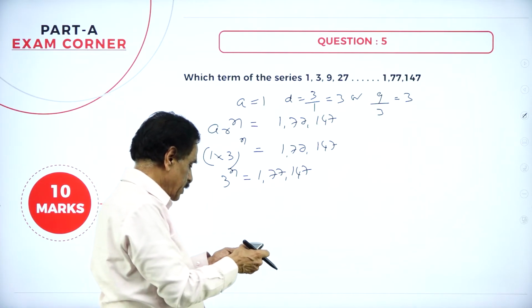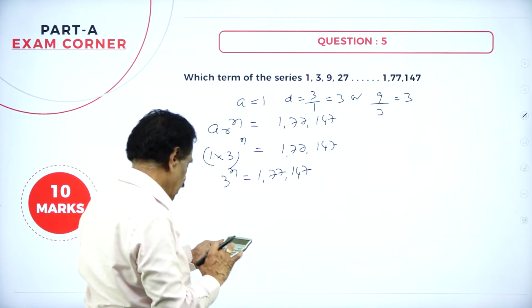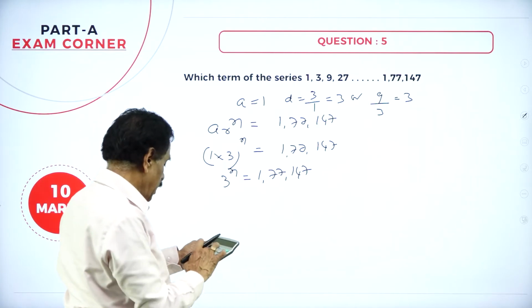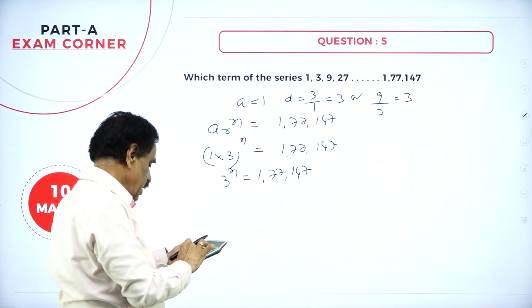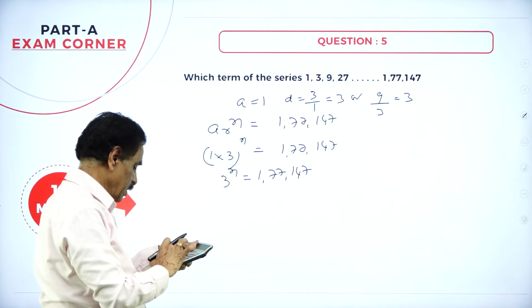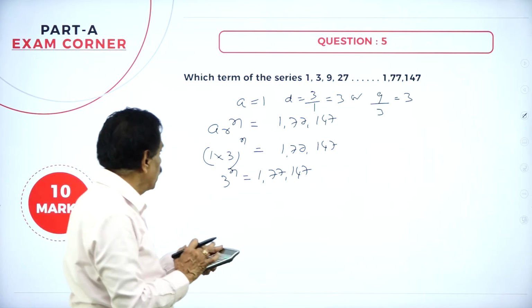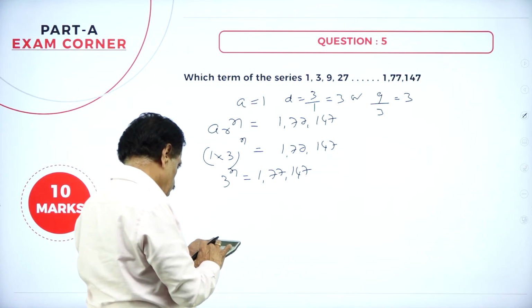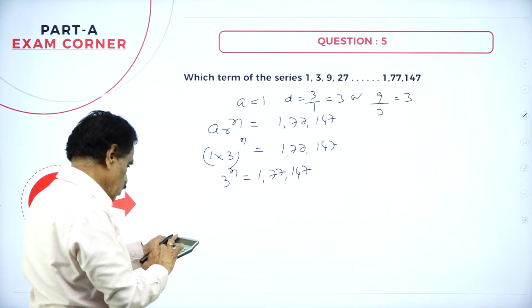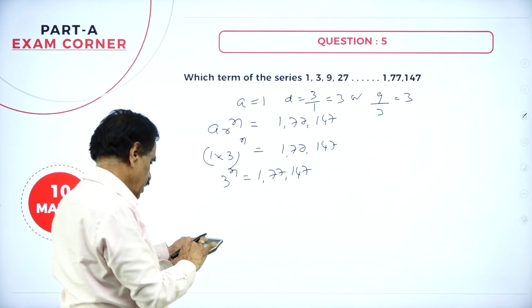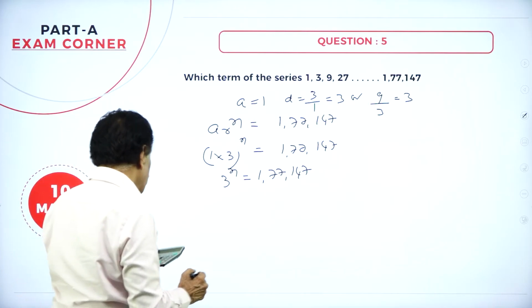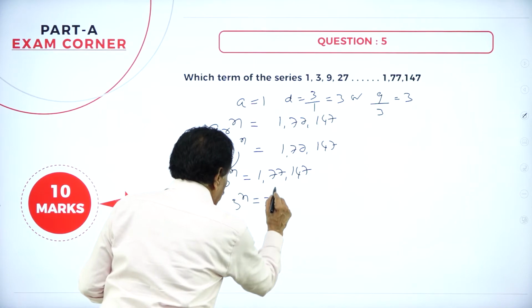How many times? Counting them, it is 11 times. So 3 to the power of n is equal to 3 to the power of 11.